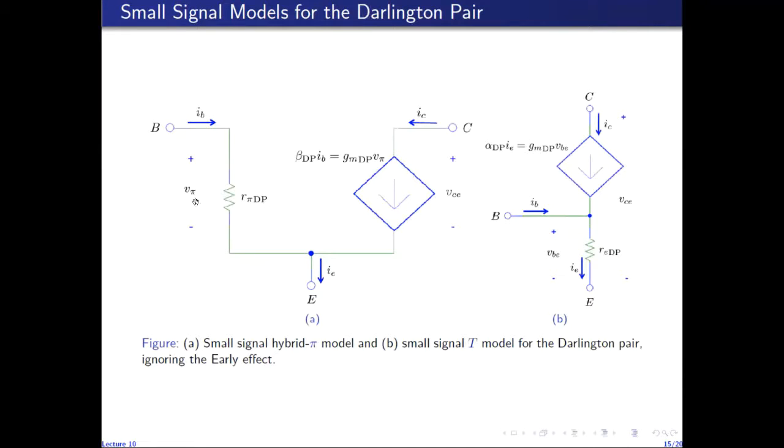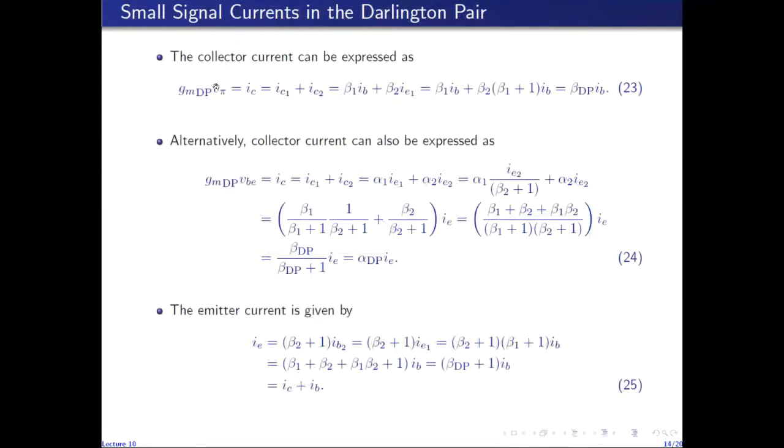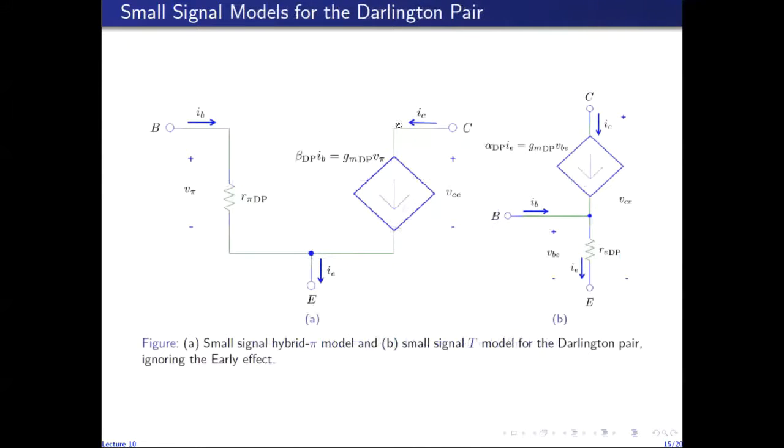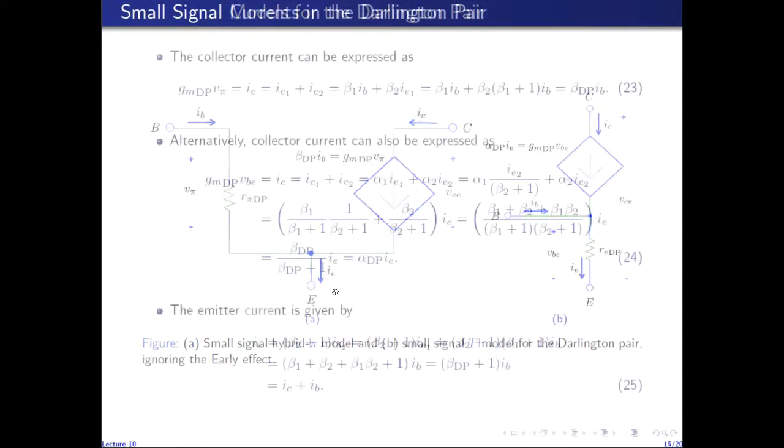R pi dP was defined as V pi over IB. So V pi is IB times R pi dP. IC is GM dP times V pi, which is also equal to beta dP times IB. So it is given by this voltage controlled or current controlled current source. V pi is the voltage between base and emitter, and the sum of these two currents is equal to IE, as shown here.